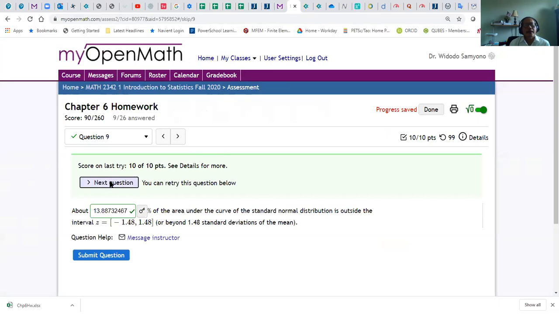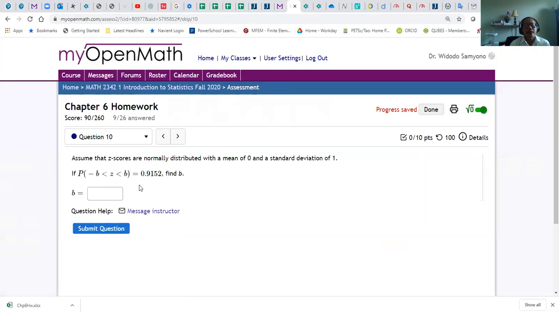Okay, so it's number 9, and then number 10. For this one, you know the area between negative B and B, which is this one, okay? But you don't know what B is. So the way to do it is you need to find the inverse of this, right? Remember, you can only find the area on the left.